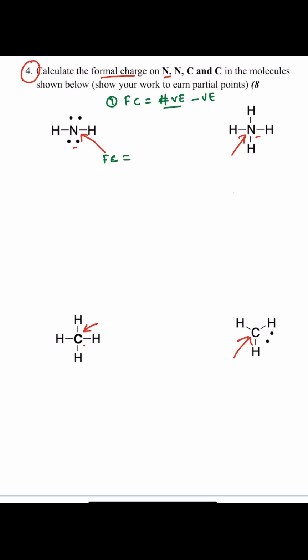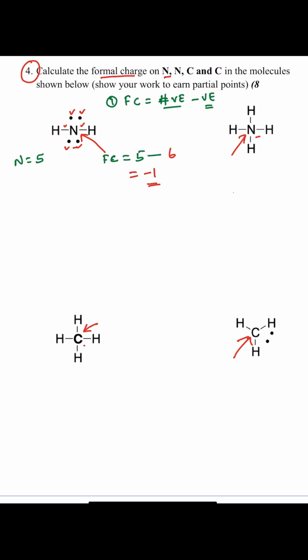So nitrogen, we know that nitrogen is in group 5, and therefore the number of valence electrons is going to be 5, minus the valence electrons. So the valence electrons in this case, you have 1, 2, 3, and 4. And then for each bond you count 1. So there's 1 and 1 there. So a total of 6. So minus 6. And the result is going to be negative 1. And therefore that nitrogen has a formal charge of minus 1.